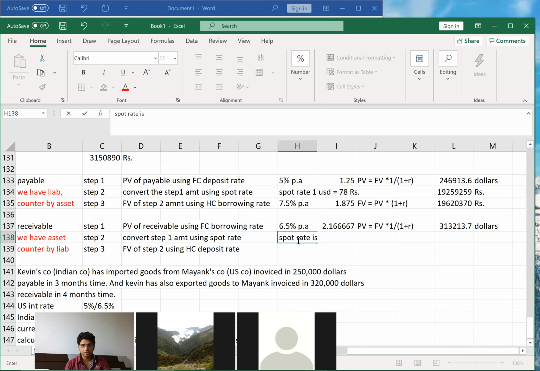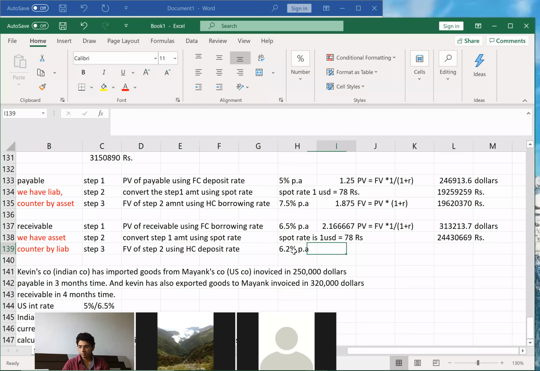Now convert at spot rate. Spot rate is 1 USD equal to 78 rupees. So this is simple, this into 78. I got the amount in rupees now. Now calculate future value of step 2 using the home currency deposit rate. Home currency means India. Deposit rate means lower rate. So it is 6.2%, but that is per annum. I want it for 4 months.